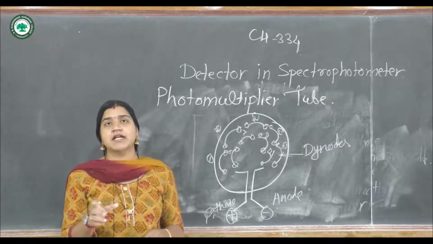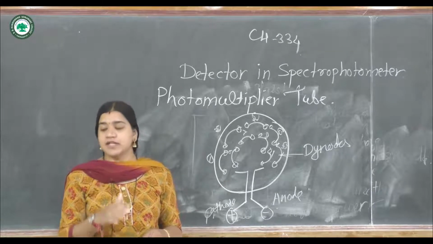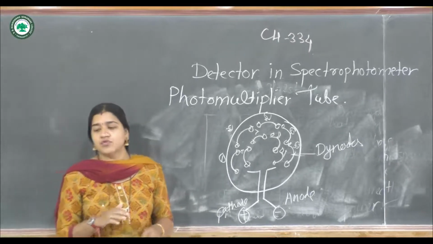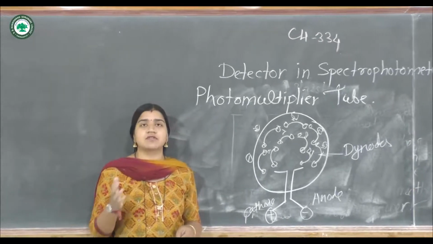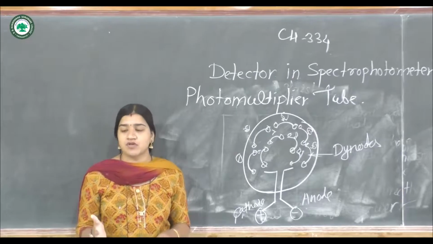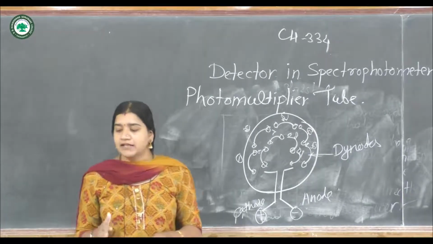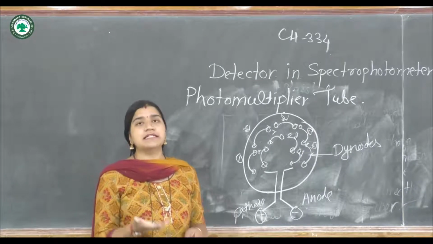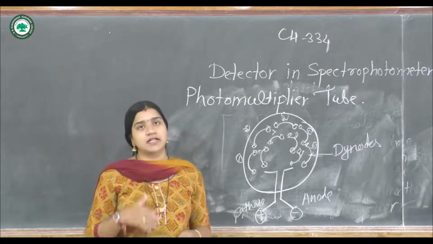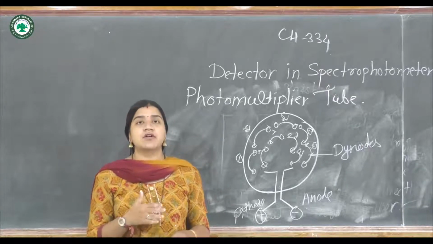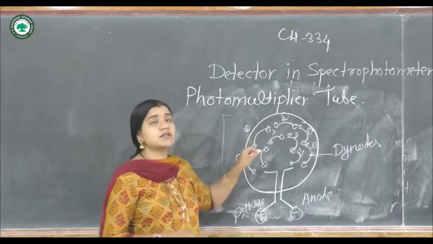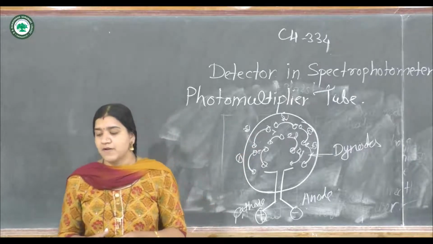Whenever a single electron strikes the diode, it emits several electrons, usually 2 to 5 electrons. Therefore the cathode ejects the electrons, the anode collects the electrons, and these diodes multiply the electrons.